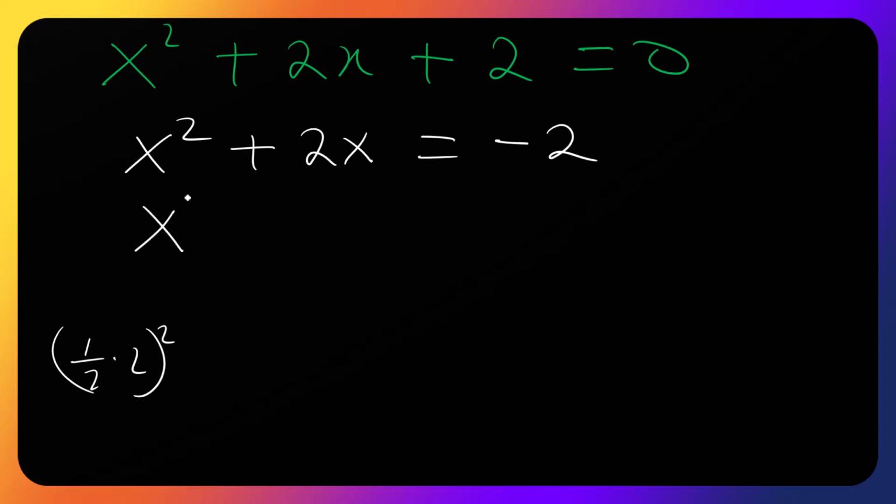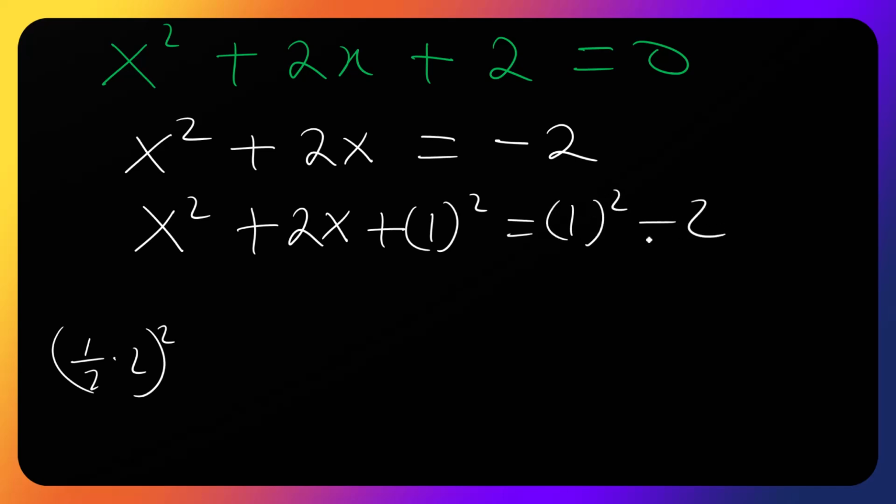So we are adding the result to both sides of the equation. 1 squared minus 2. So we have x and then 1, x plus 1 all squared equals 1 squared minus 2.